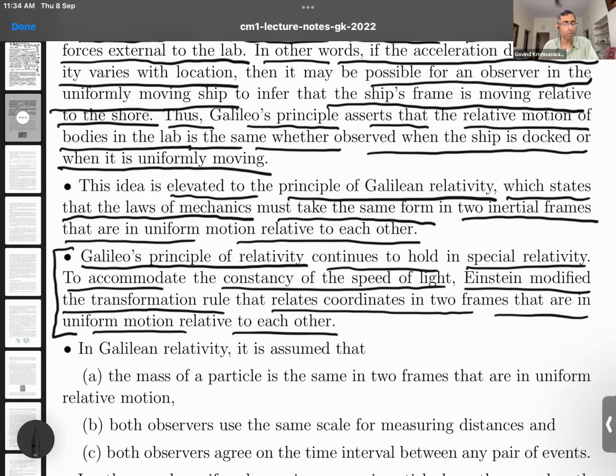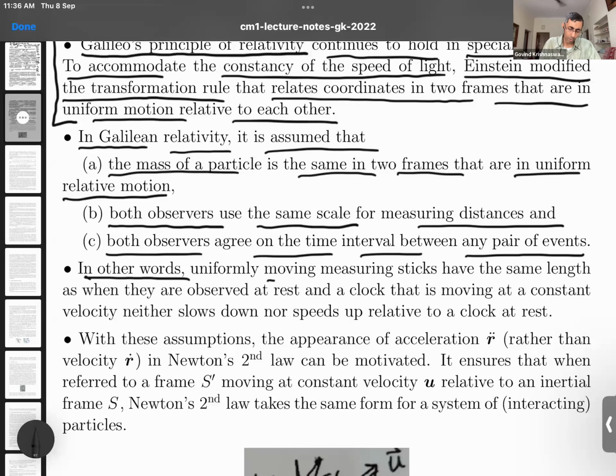Moreover, we will suppose that both observers use the same scale for measuring distances, and both observers agree on the time interval between any pair of events. So these are some technical conditions. We will say more about them. Let me restate it just briefly now. In other words, a uniformly moving measuring stick. So I have a measuring stick in front of me. I compute its length. Then suppose the stick is moving and I find its length by some procedure.